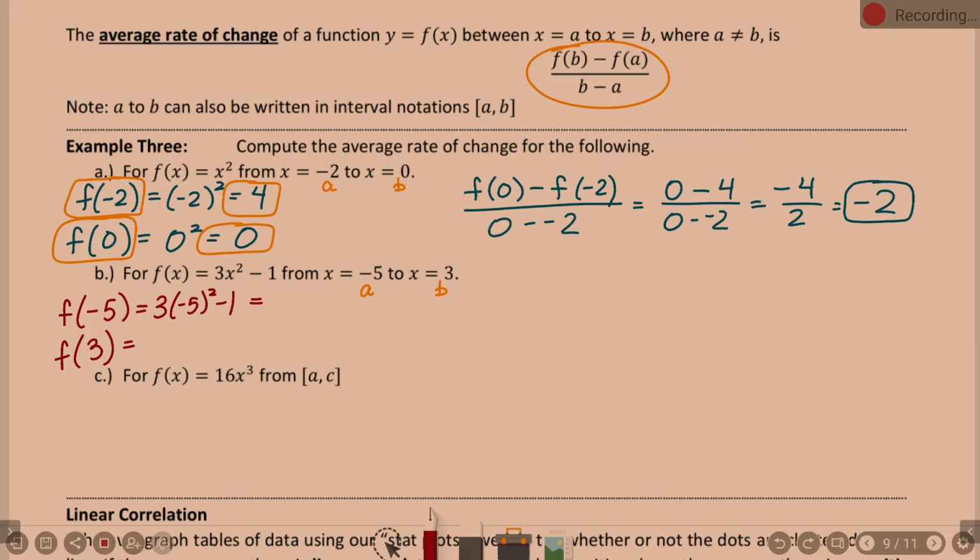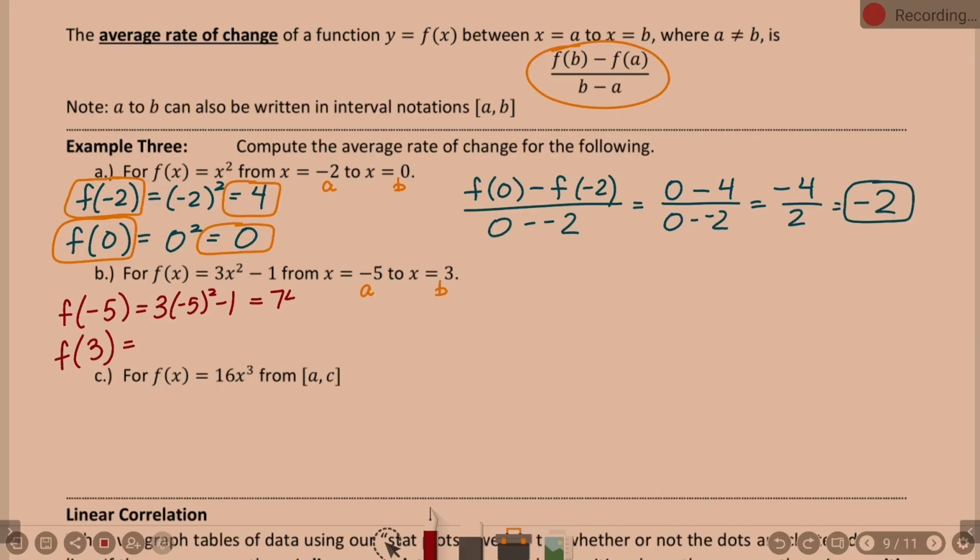Wait, no. Wait, what? 75, right? Negative 5 squared is 25. 25 times 3 is 75, minus 1. 74. Okay.